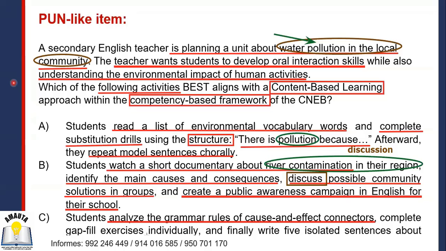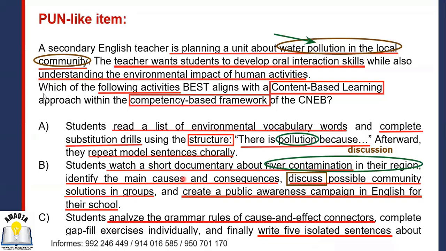Individually, it's very important to highlight this. Are they going to do this in pairs, individually? Individually. And finally, write 5 isolated sentences about pollution, very general, using the target structures.